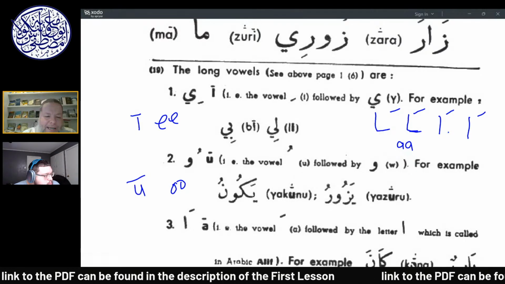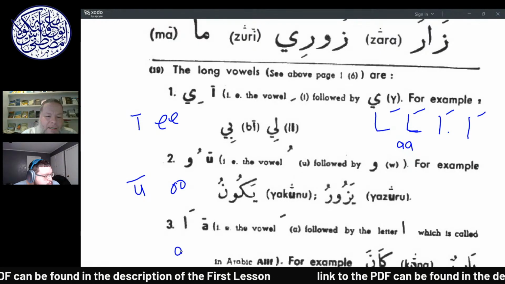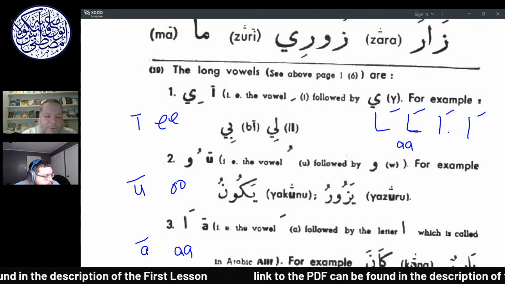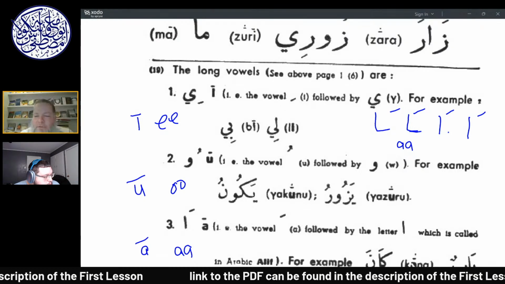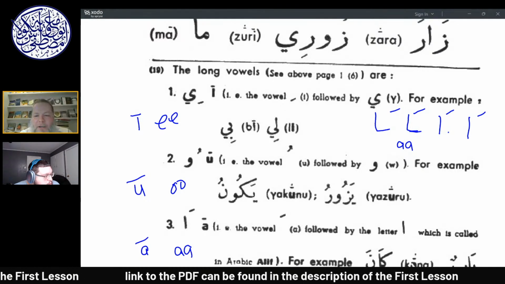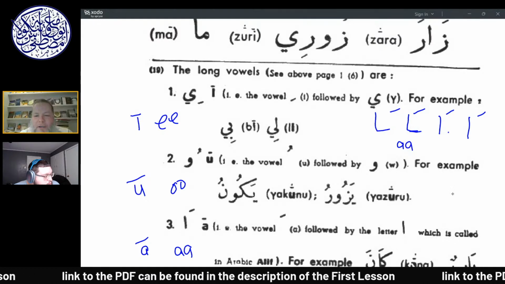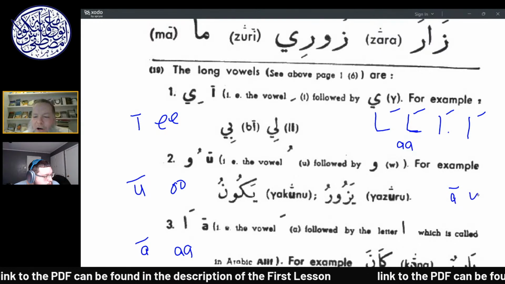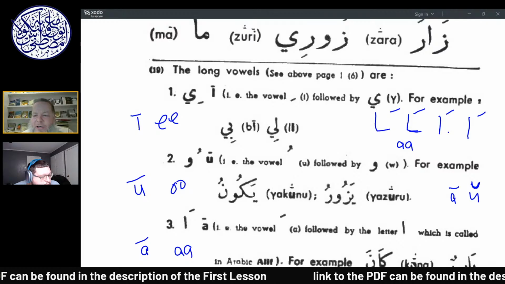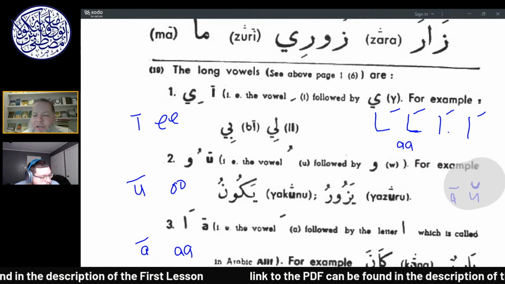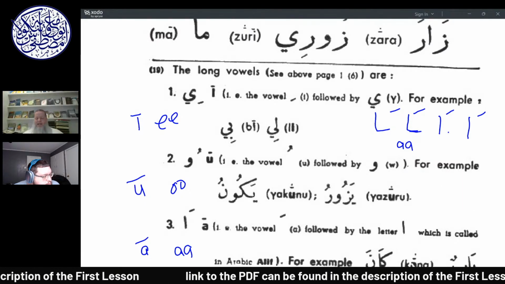And they're not going to write AA. They're going to write an A with a line over it. That's how they're going to distinguish short and long. In English, we do this as a long, and we do this, we have this short sound, but they're not going to do a short sound. They're only going to give us the long sound sign.